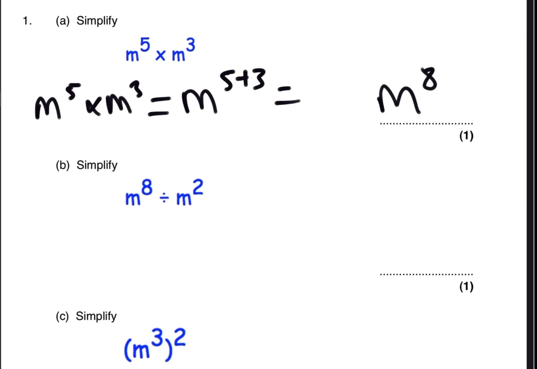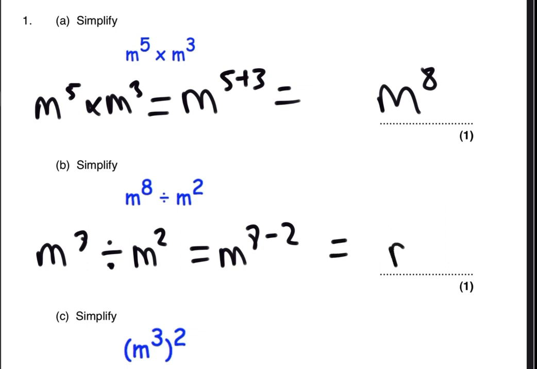Now the second question states to simplify m to the power of 8 divided by m to the power of 2. Well, we know our second rule states whenever dividing our indices, we therefore subtract. So we know m to the power of 8 divided by m to the power of 2 is essentially just saying m to the power of 8 minus 2, which is m to the power of 6.